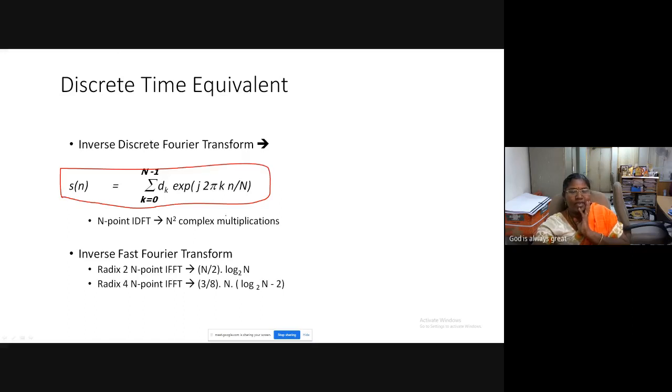The block modulator there is nothing but an IDFT. This IDFT can be easily performed using IFFT, inverse fast Fourier transform. It has fewer complex multiplications compared to IDFT. So in the place of the block modulator, what we are going to have is only an IFFT. FFT and IFFT can be done by the same block itself.